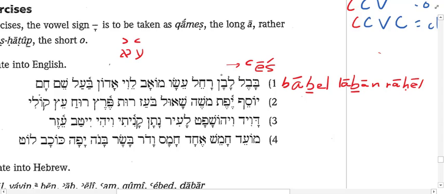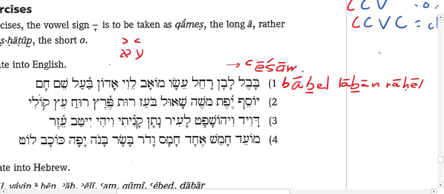Then I have a kametz under the seen. Remember, kametz is a long A. I need to put that line over it. Tone long A, kametz. And then I have a vav at the end. So, A, sav. You don't really hear the ayin pronounced, but if we were to pronounce it, it would be a very strong guttural in the throat. Aye, aye, sav.